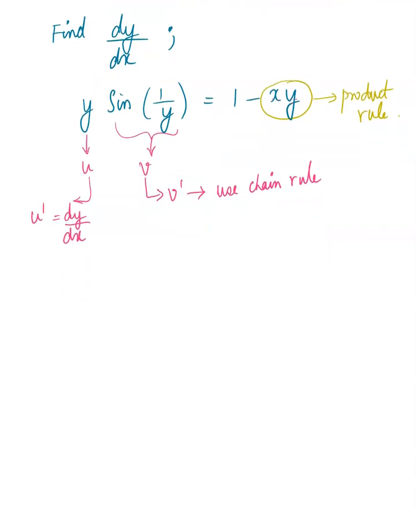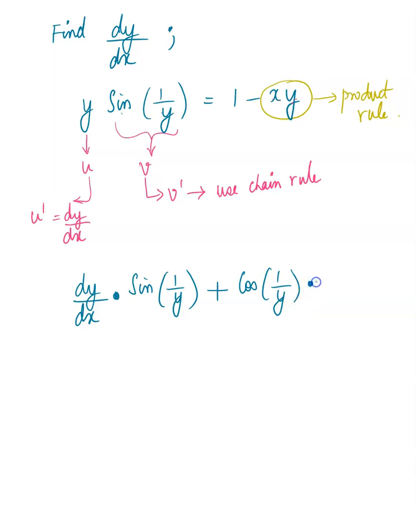With all the plans there, u prime v plus v prime u. So u prime times v plus v prime. So derivative of the outside times derivative of the inside. Cosine 1 over y times derivative of the inside.